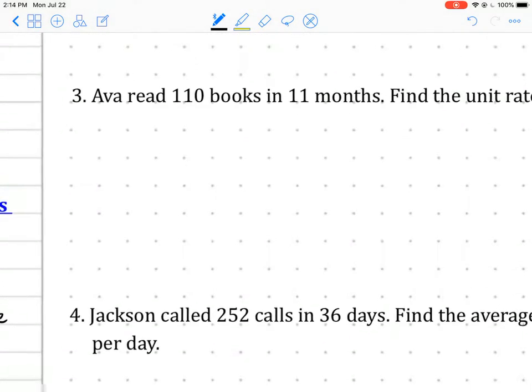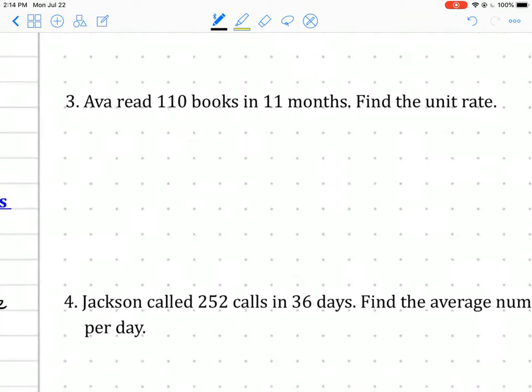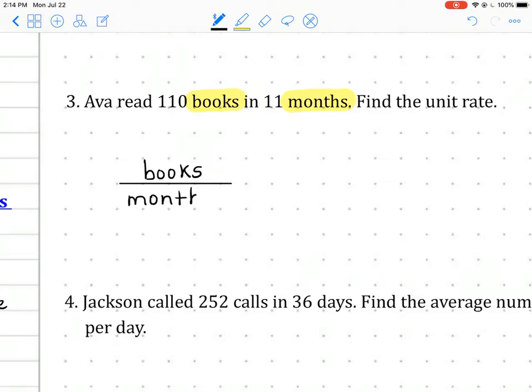Okay, Ava read 110 books in 11 months. Find the unit rate. So we're comparing books to months. Again, if you have a unit of time, that's probably going to be the bottom number. That's the unit that you're looking for as the unit rate. So 110 over 11.